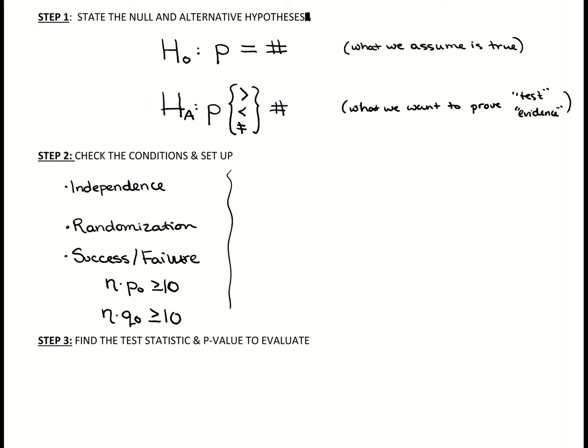So I only ever draw one of these pictures, but you look at your alternative hypothesis and look at what scenario you have. Are you trying to prove that p is more than some number? Are you trying to prove that p is less than some number? Are you trying to prove that p is just different from some number? And with that, that'll set up the type of test that you're doing.